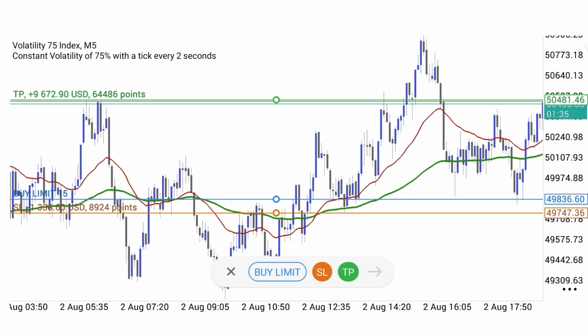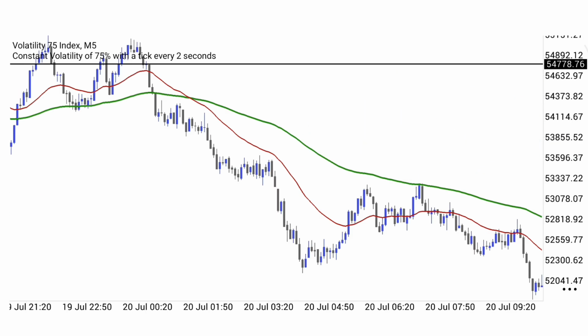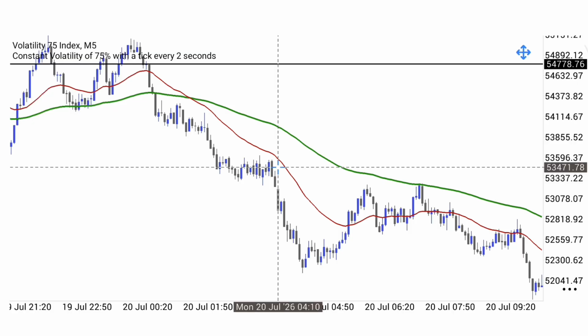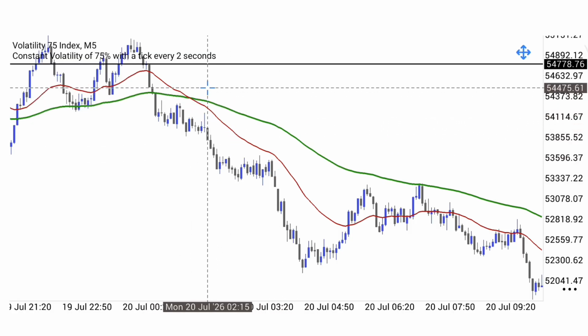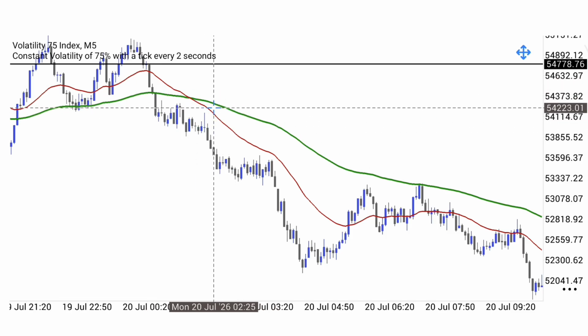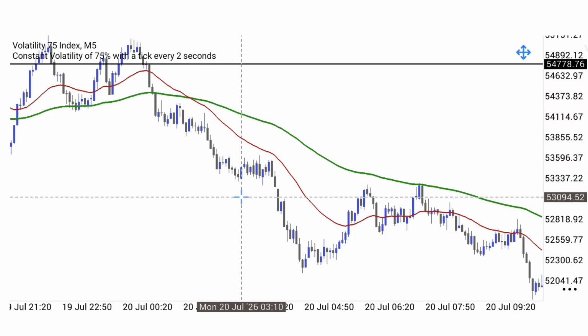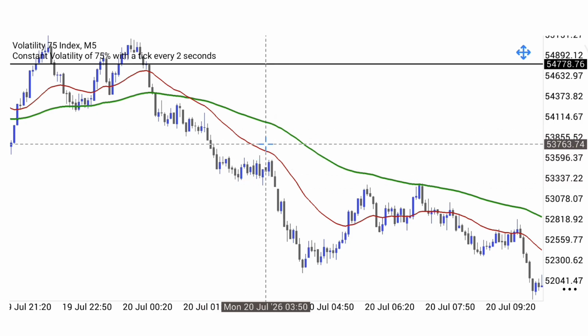Now, let me show you another example of this strategy. Right here, you can see that we have the moving average had a crossover here. Look at the crossover. After there was this crossover, the market didn't even touch the moving average.